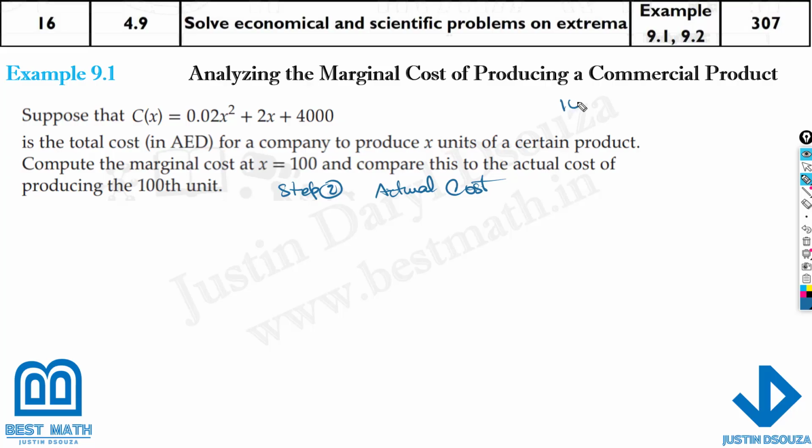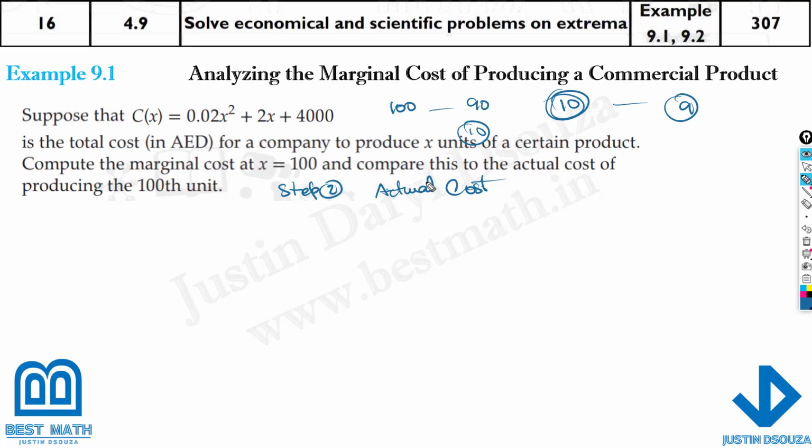Say you know the cost of producing 10 brownies costs you 100 dirhams. And you know the total cost of producing 9 brownies is 90 dirhams. So if you subtract these both, you'll get 10 dirhams. So we can find the cost of the 10th brownie by subtracting the cost of 9 brownies from the total required for 10 brownies.